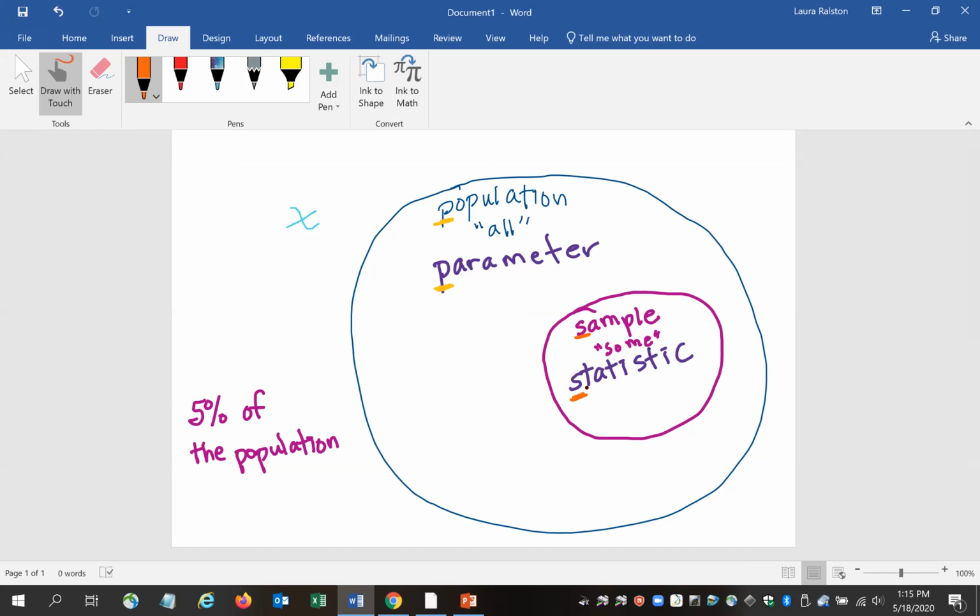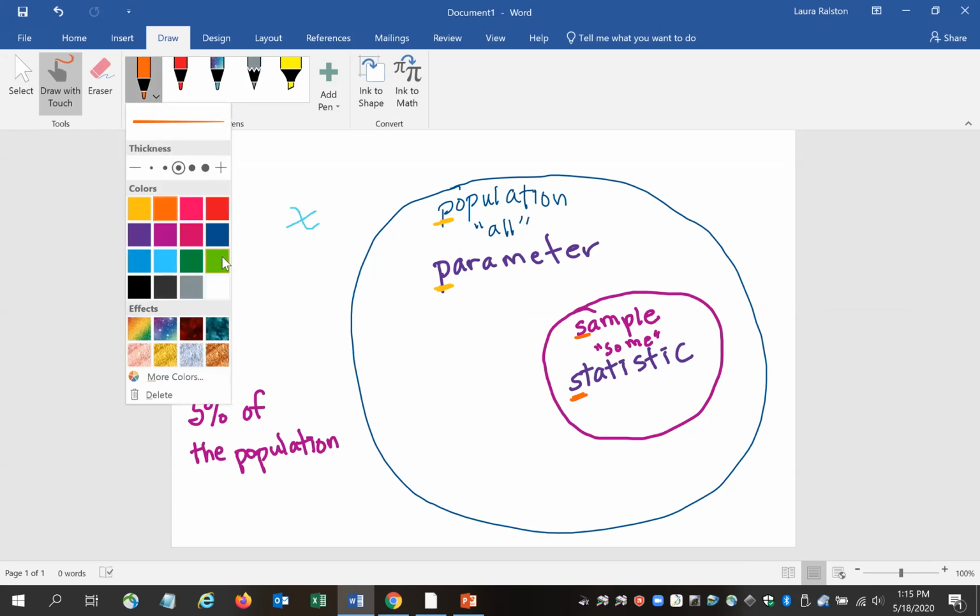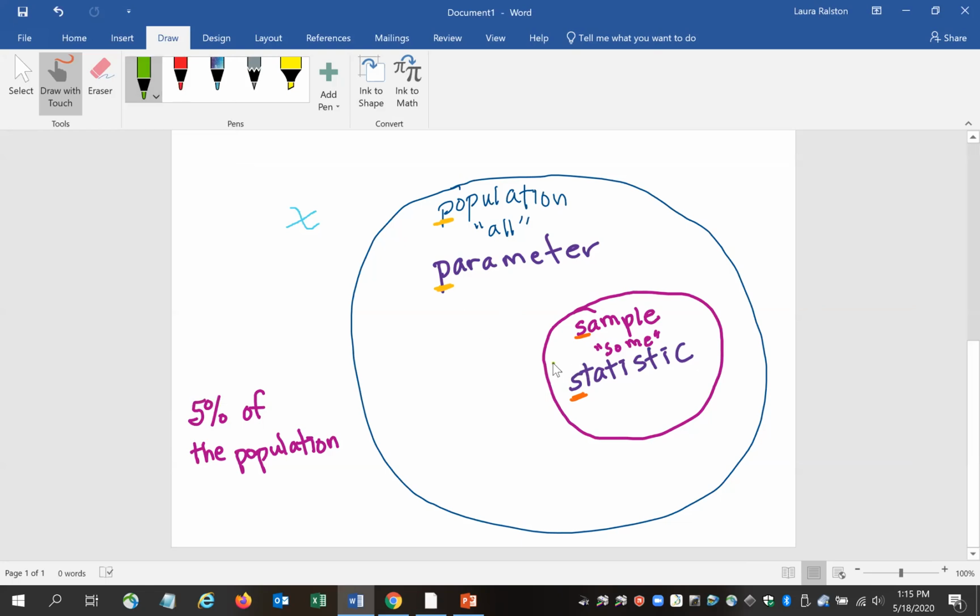And again, what I was saying was what we do is we take what we learn about this small group, this sample, and we apply it back to the population. That's where we get into that realm of inferential statistics. We take what we learn about the small group and we apply it back to the big group.